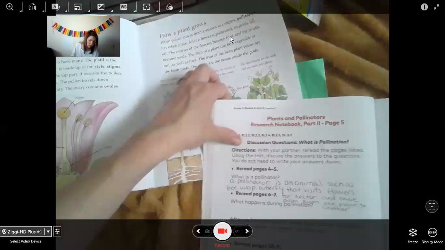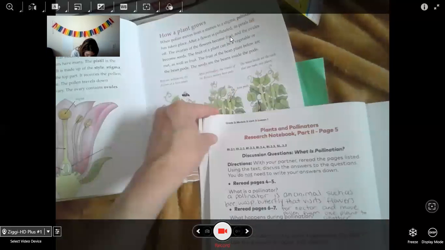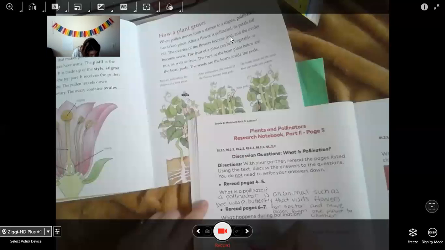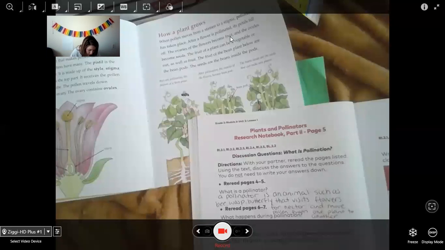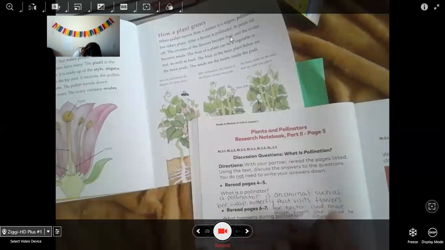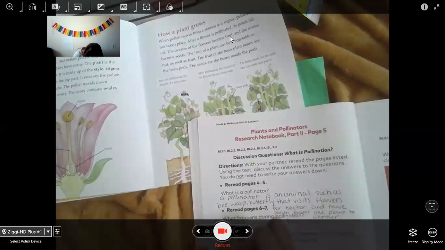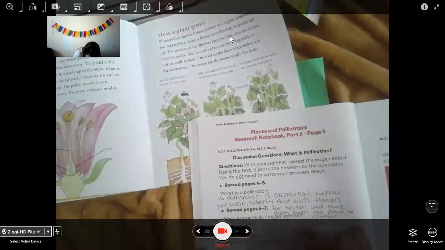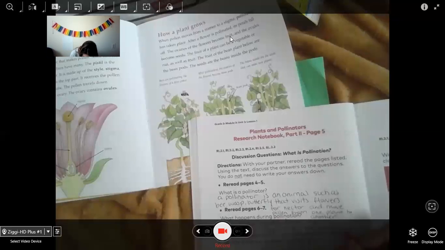What happens during pollination? So it's when pollen moves from the stamen to the stigma, pollination happens.